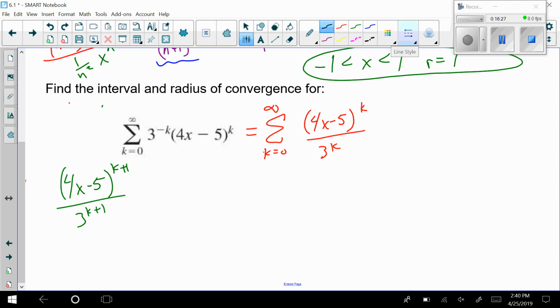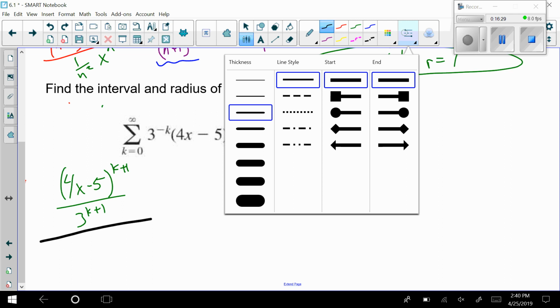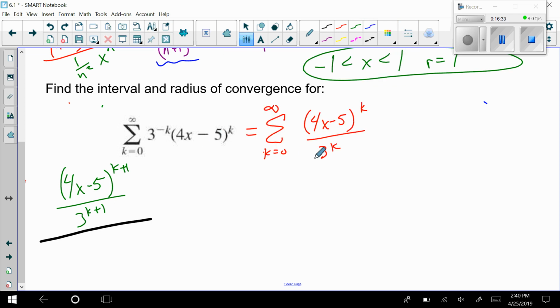Then I'm taking that and dividing it by the regular one, this thing over here. So I'd have (4x minus 5)^k divided by 3^k.